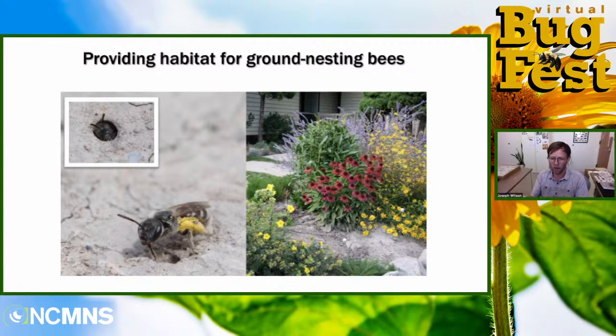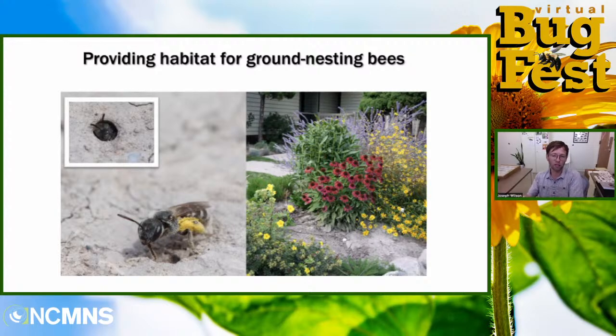Let the weeds grow there and let them have that kind of natural weedy vegetation that some bees really like to nest in. Some bees prefer sand, some bees prefer clay, some bees prefer moist soil, some bees prefer dry soil, some like slopes. And so with 4,000 different kinds of bees and 85% of these nesting in the ground, there are lots of different preferences that they will have.